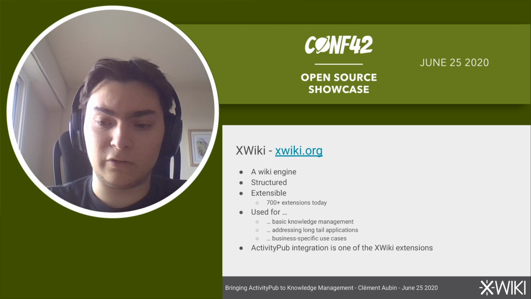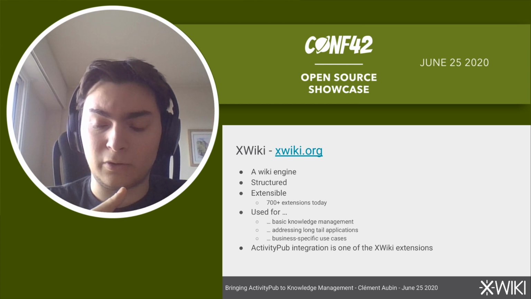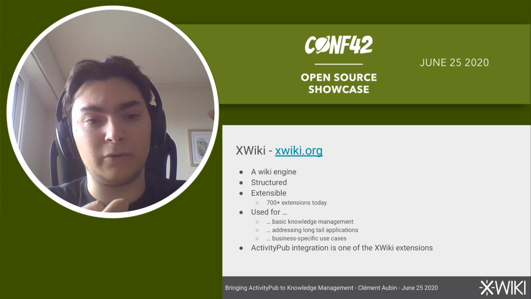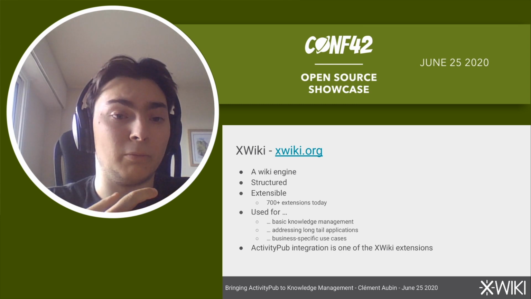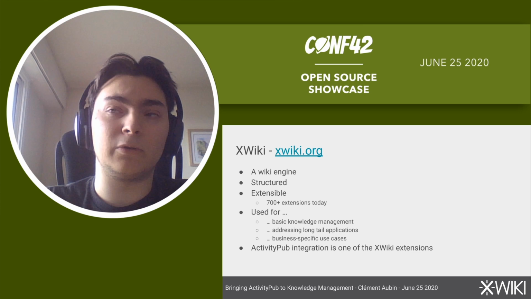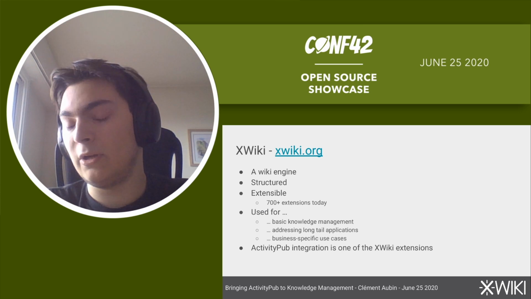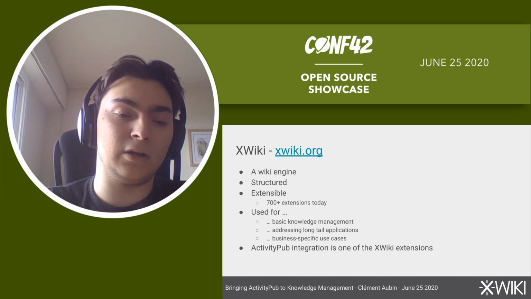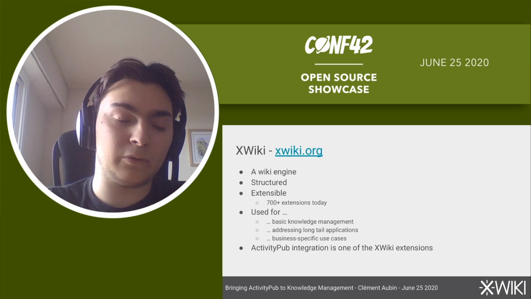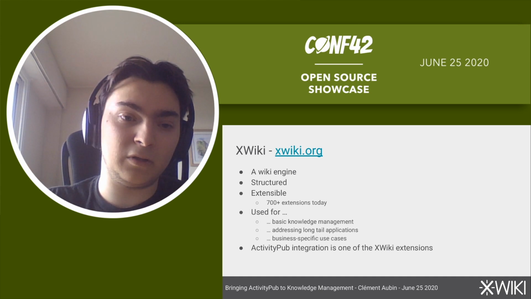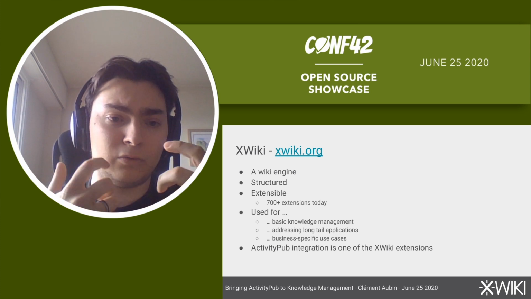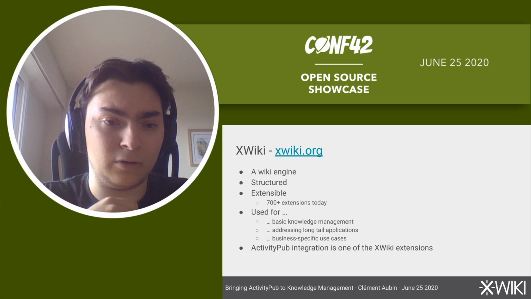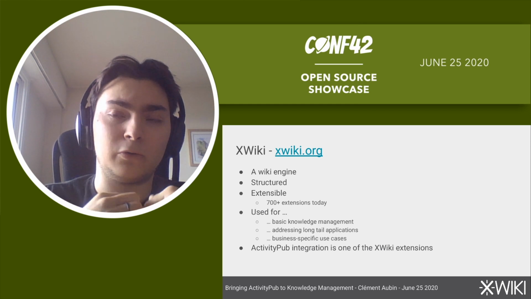However, it's interesting if you want to store multiple documents that contain the same kind of information. For example, if you want to store meeting notes, you might say, okay, my meeting note will contain a title, a description, an author, a date where it was done, maybe a list of users that participated in that meeting, and you have the possibility to very easily create pages with forms, with input fields that correspond to what you need.